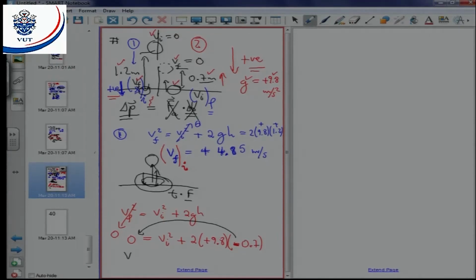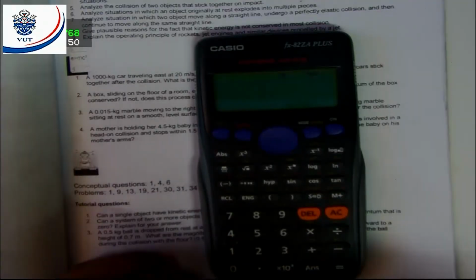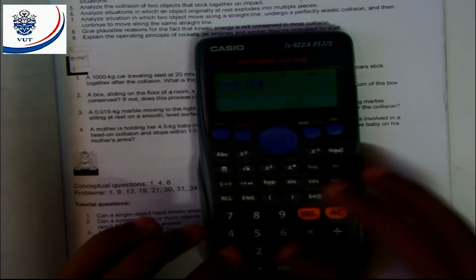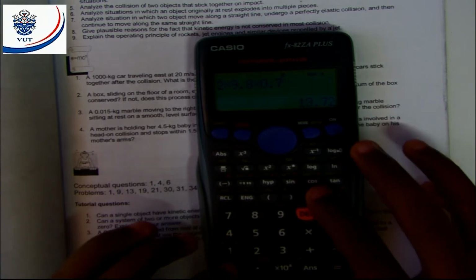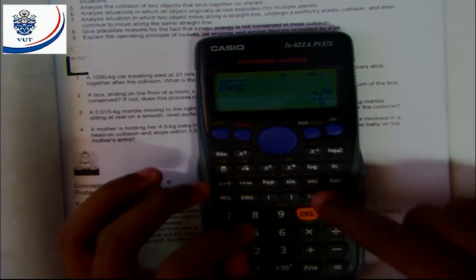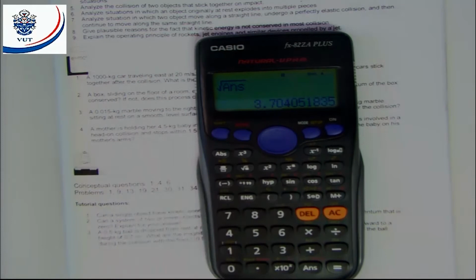So now for Vi, if you just plug it in, you have 2 times 9.8 times 0.7, and you get Vi squared. You need the square root of the answer, and remember to press the SD button. Then it's going to be 3.70.